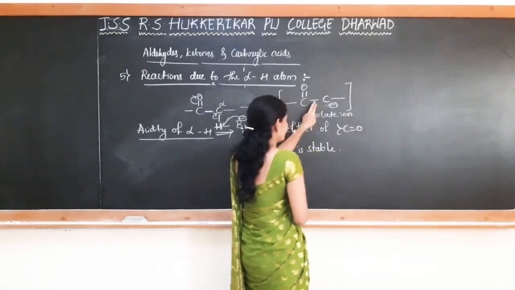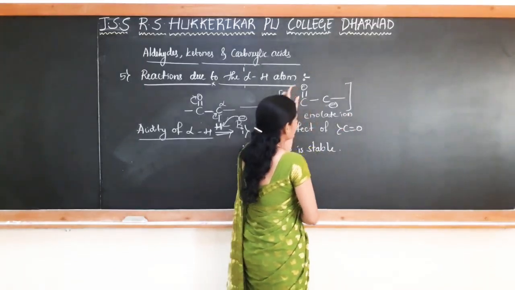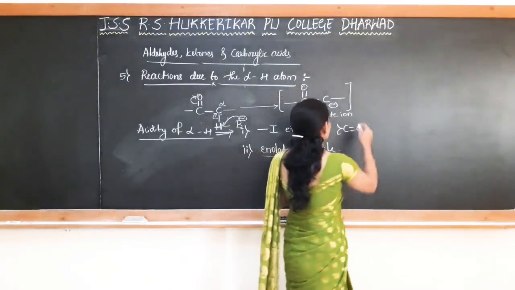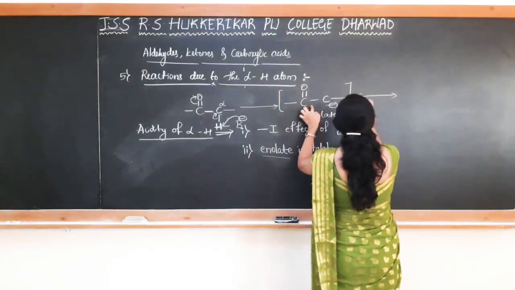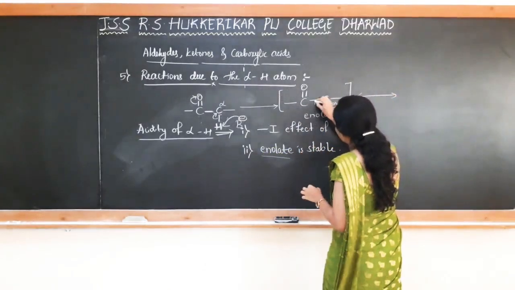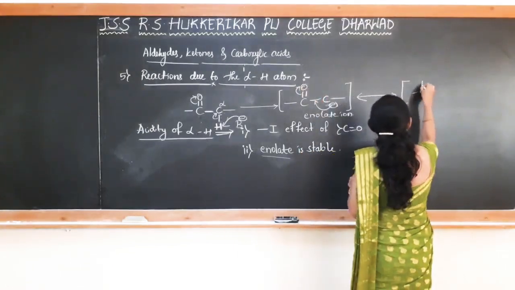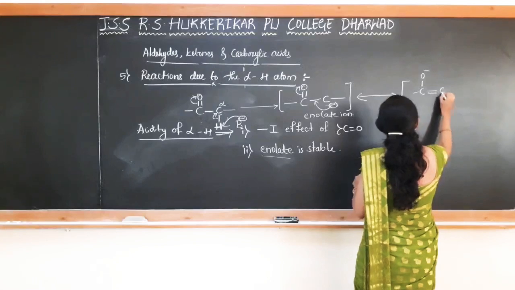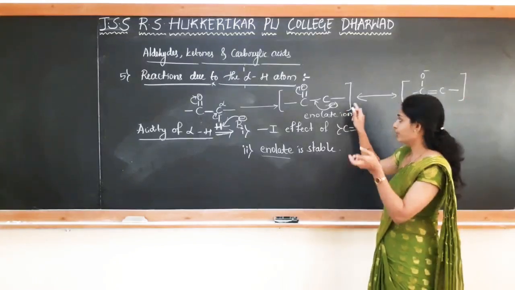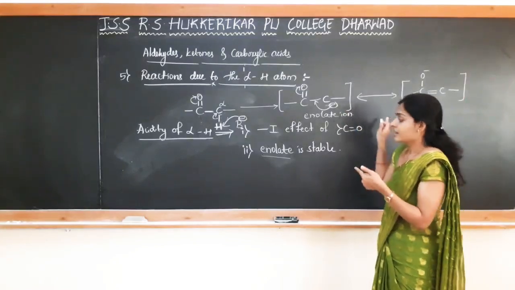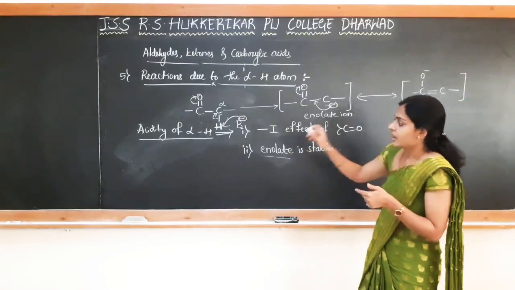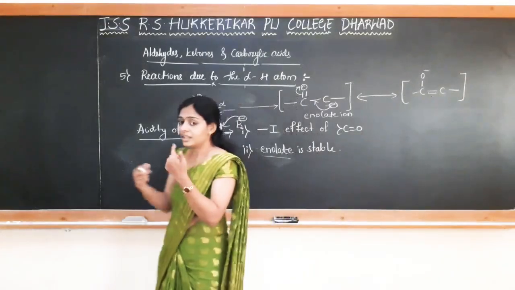There is a presence of double bond and the alcoholic group. So this is enolate ion and this is stabilized by resonance. Resonance structure can be written in this manner. So O minus, double bond carbon. So whatever the species is formed, it is stabilized. That's why alpha hydrogen can be easily removed.